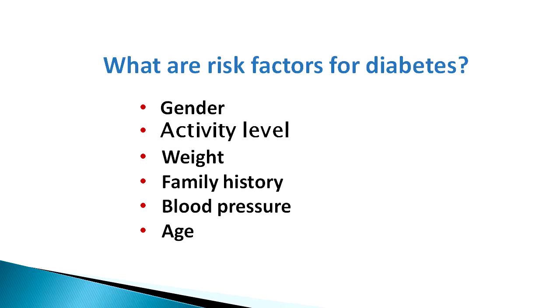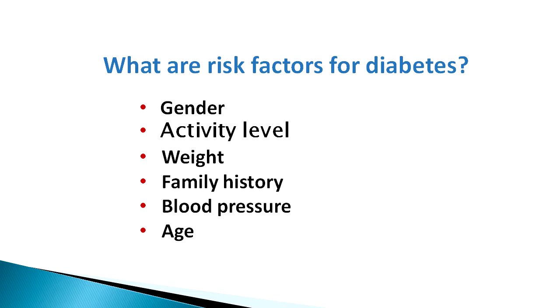What are the risk factors for diabetes? Gender, unfortunately, is a predictor of diabetes. More males get diabetes than females, not to say that females don't get it, but it is predominantly more in males. People that are inactive will have a higher incidence of type 2 diabetes than those who are active, because exercise actually increases insulin sensitivity, going back to that whole concept.